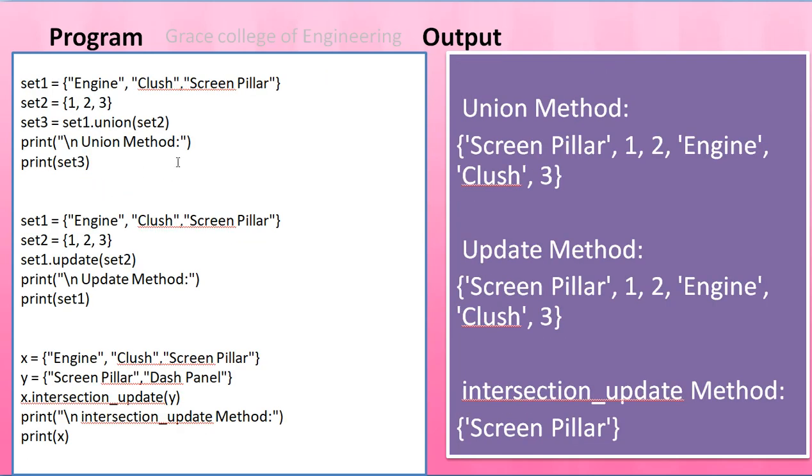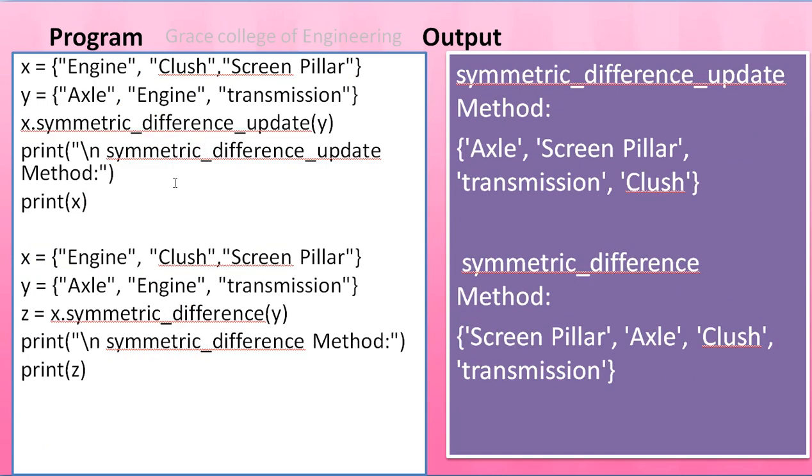Next, the union() method. The next, the update() method. The next, the intersection_update() method. Then finally, the symmetric_difference_update() method. This will keep all but not the duplicates.